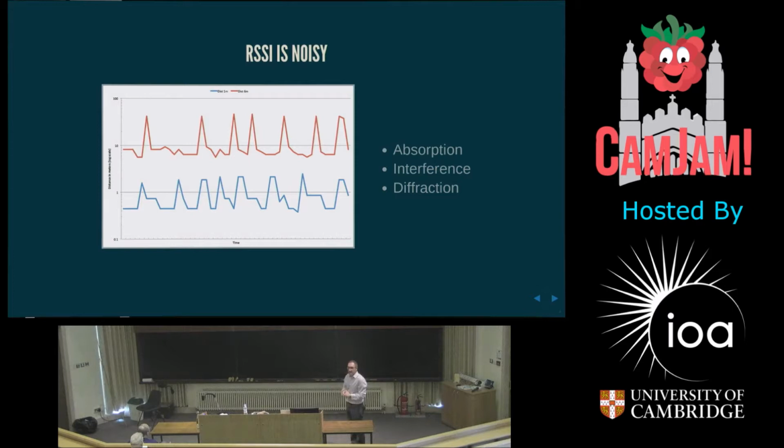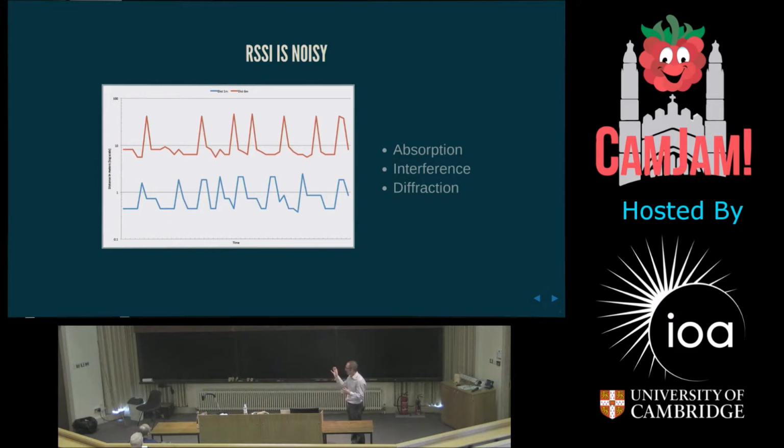The only problem is that it's not a precise measurement. So this is 2 beacons that I had set up at different distances from a receiving device. They weren't moving, everything was static, it was just in my living room. But there was lots of interference going on. So it's not a fixed level.